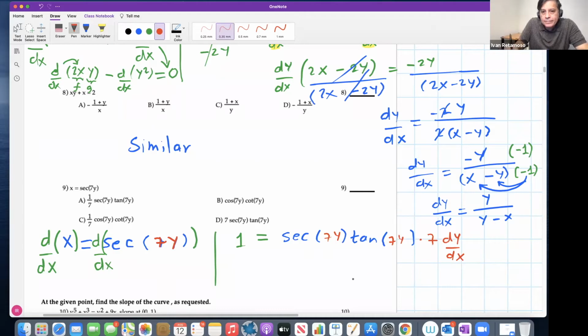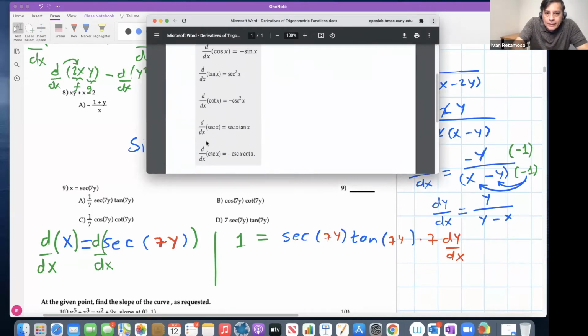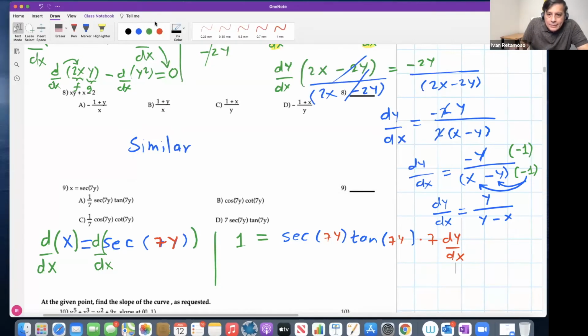Now, where I got this formula, derivative of secant equals secant tangent, is here, guys, in your sheet. In case you did not memorize it, it is here: secant times tangent. Now just simplify: divide both sides of this equation by this quantity so that we isolate dy/dx.